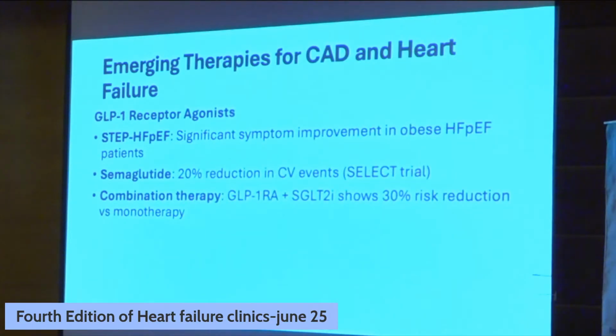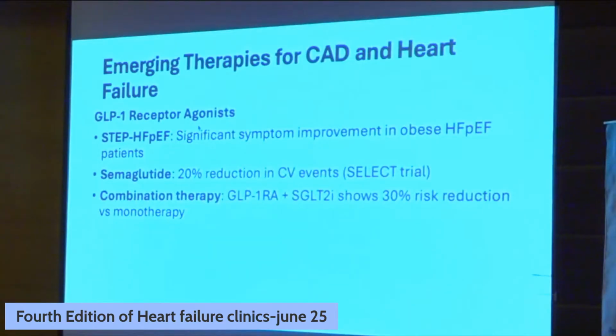Similarly, one more drug which is very important for our heart failure patients, especially those with preserved ejection fraction, that means with normal EF and obese group of people, is the GLP-1 receptor agonist. That is the most famous drug class in the last 2 years.